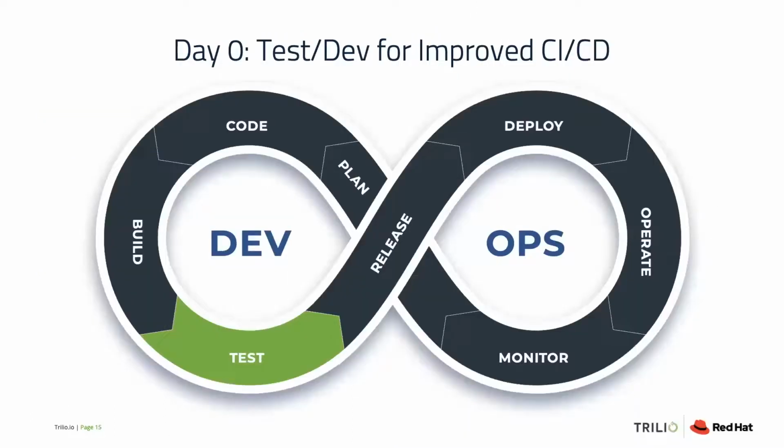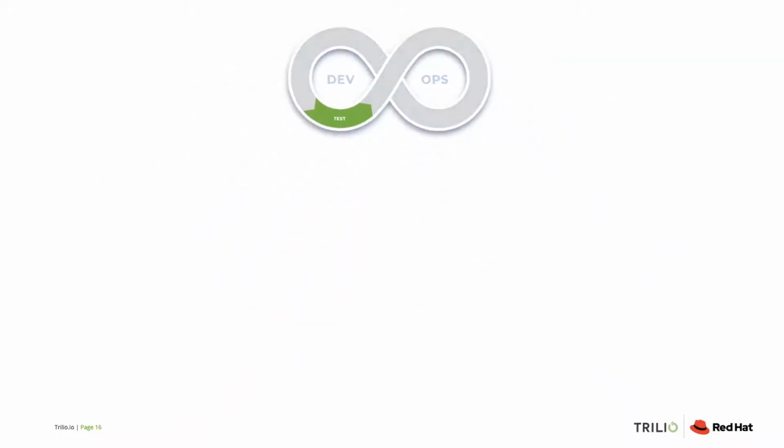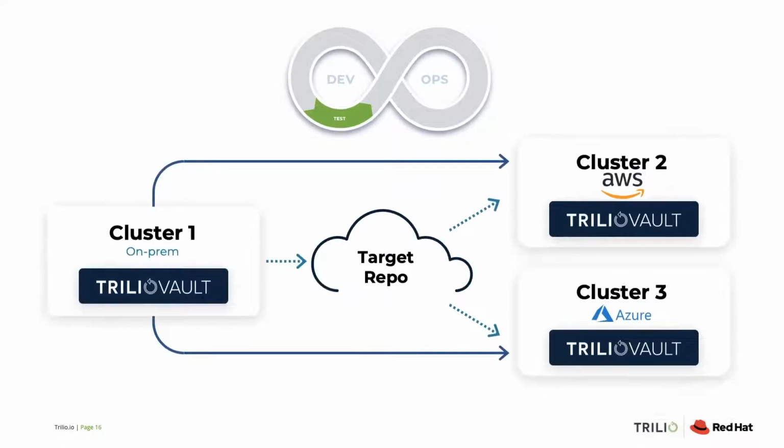Now let's drive through these use cases that I was talking about. From a day zero perspective, going back to the Lisas of the world who are the developers, test dev CI/CD is extremely important. With the Trilio platform, you can take an environment and recreate that into any other cloud or any other Kubernetes distribution, however you need to.